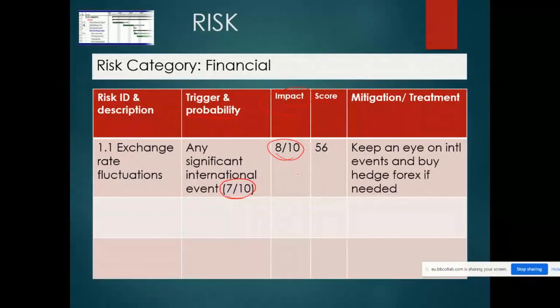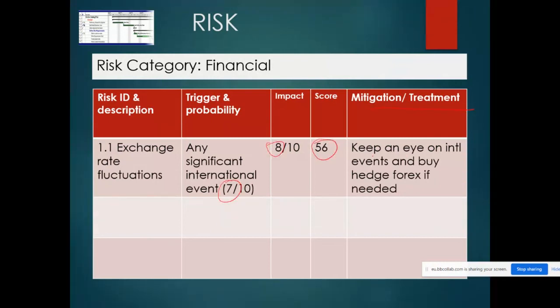What will the impact be? A very high score, 8 out of 10, because if it's a major change in the exchange rate, then it might impact severely on the project in terms of the project budget. That's if this project involves buying a lot of stuff from overseas, for example. So the score is 7 times 8 is 56.